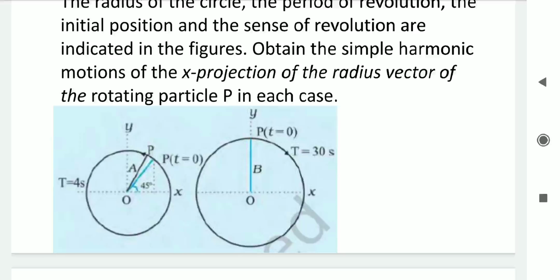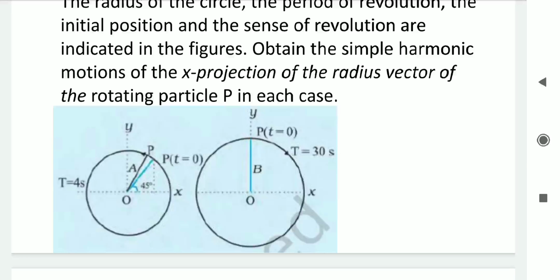If the particle is moving in the anti-clockwise direction away from the plus x-axis, then it makes the angle omega t plus phi. But here, while the object is moving towards the plus x-axis in a clockwise direction, it makes minus omega t plus phi. So now our equation becomes x of t equals b cos of minus omega t plus phi.